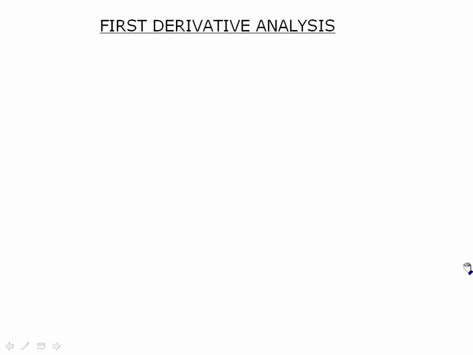Welcome to Math 31. This is the first lesson in Unit 5, which is Extrema and curve sketching. So I'm going to do introductory work on first derivative analysis involving the first derivative test.